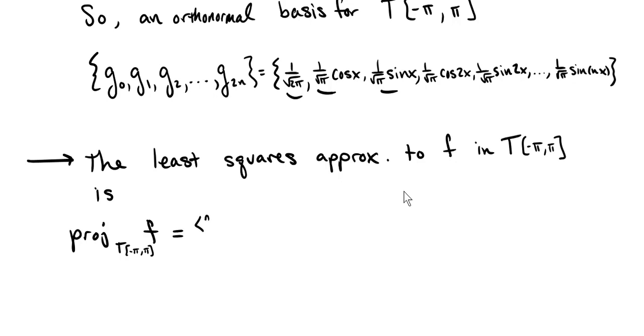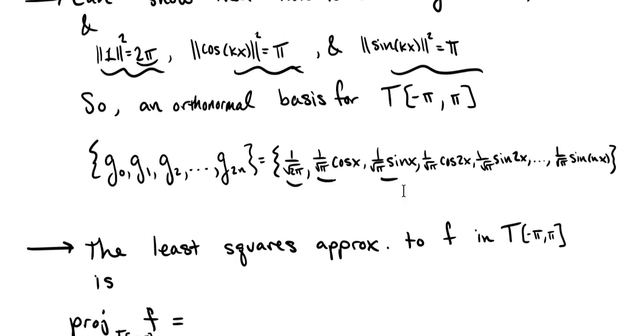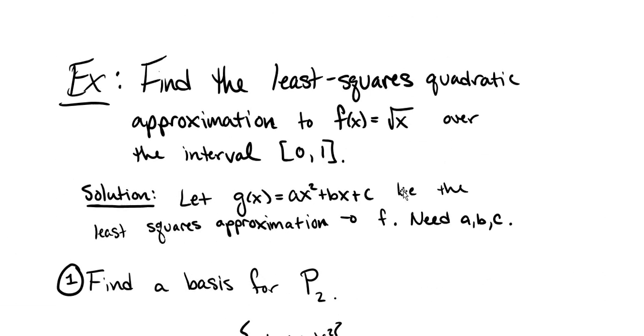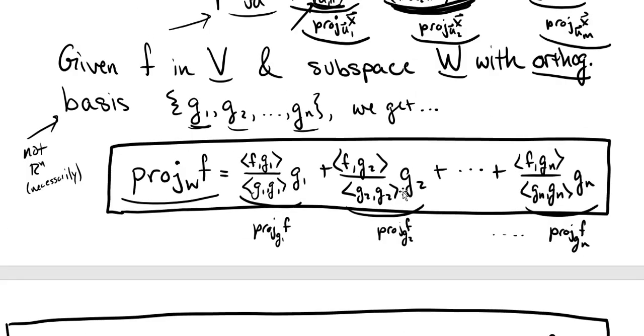Well, let's back up. Remember, we already set up this formula that we're using. If these basis vectors g are orthonormal, then all of these divisions here are just dividing by 1 squared, right? The norm of the vector squared.